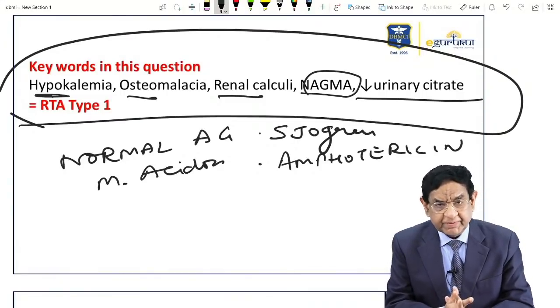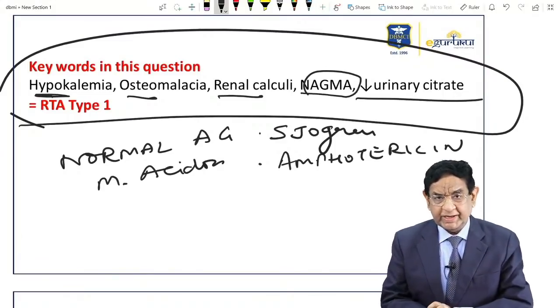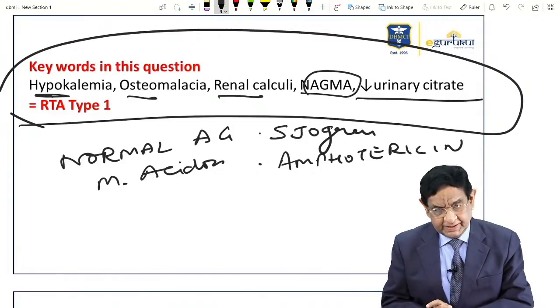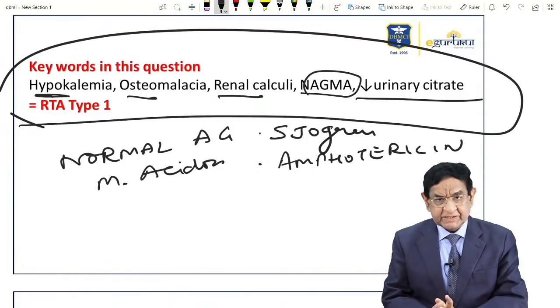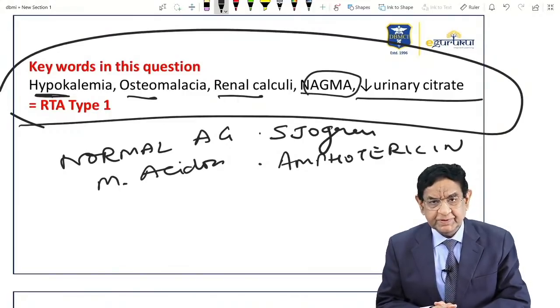So summary, RTA type 4. Okay, yes students, now you answer the questions. A quick recap. In type 4 RTA, what happened to potassium level? Increase. Next question, what is the most common cause of RTA type 4? Diabetes.